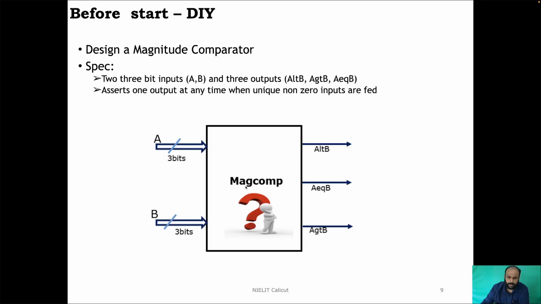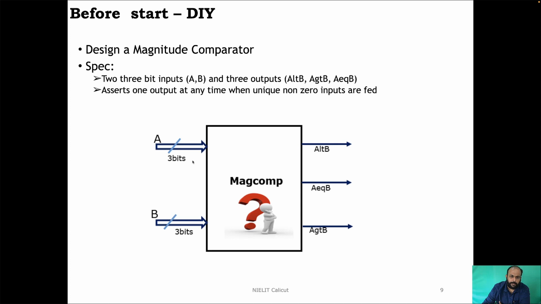Before we start with the rest of Verilog, let us take into consideration this design requirement which you may attempt to do. This is the design of a magnitude comparator, which is a small piece of hardware. The magnitude comparator we want to design should have two inputs, say A and B, both 3-bit wide, and three outputs, each single bit, giving the relationship between the inputs.